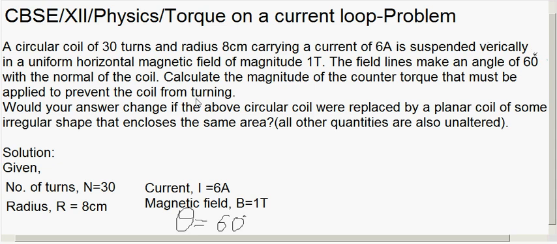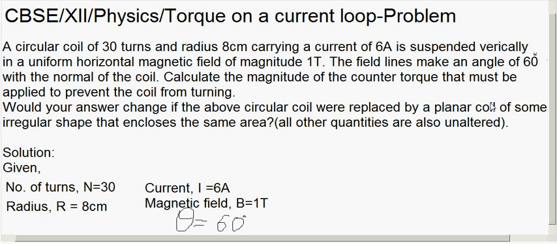Now we know that when a rectangular coil or any shape coil is placed in a magnetic field, the coil experiences a torque, and we know how to calculate the magnitude of the torque. Because of this torque the coil tries to turn, so this is basically a twisting torque.